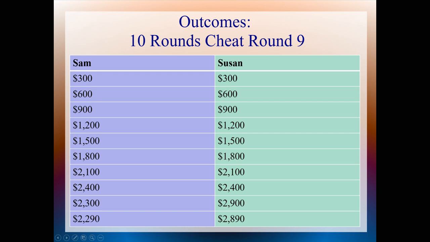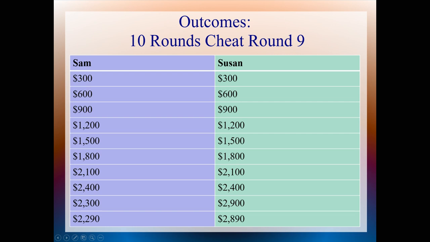We're still going to have Susan being the cheater here, but let's look at what would happen at round 9. If you go along till round 9, everybody's getting their 300 per turn, 2,400, and then Susan cheats, she gets 500, and he loses 100, so he goes to 2,300.